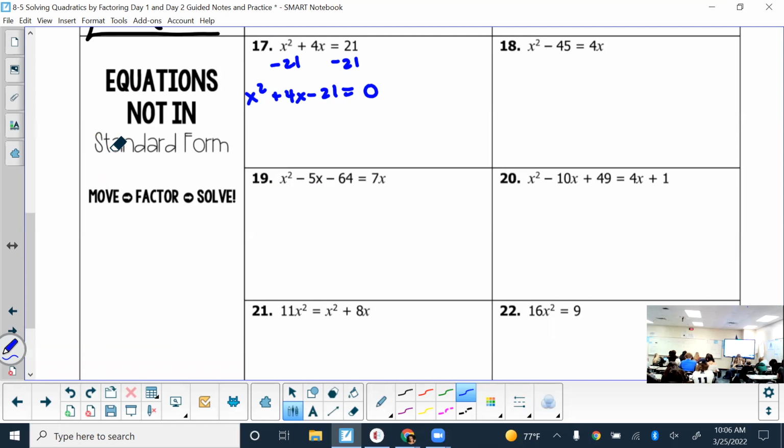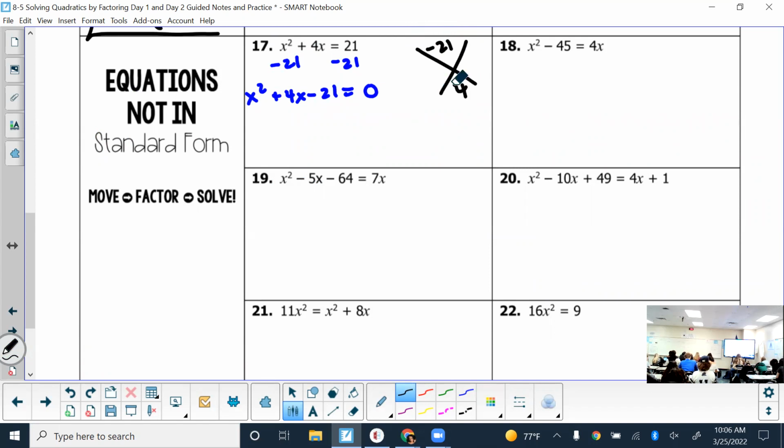So like factor the other side. Since it's a trinomial, how do we factor it? Diamond method, what number will go at the top? Negative 21, what number at the bottom?